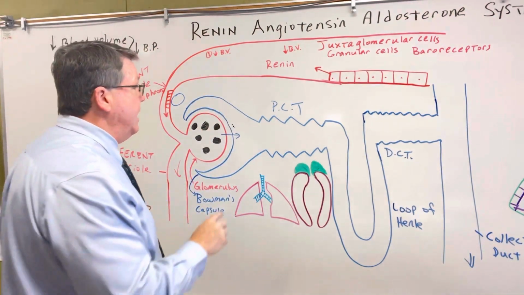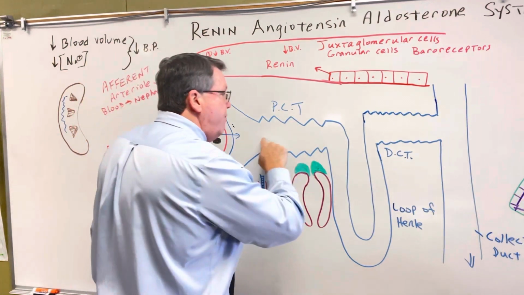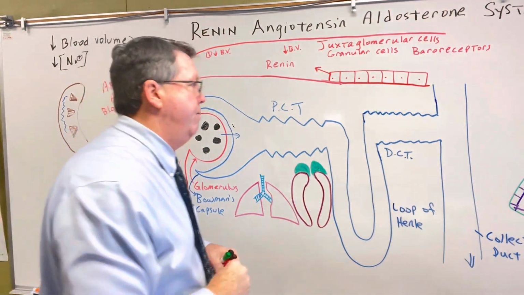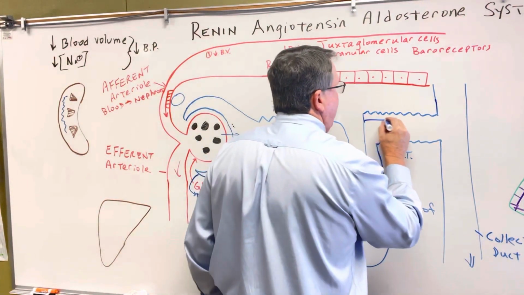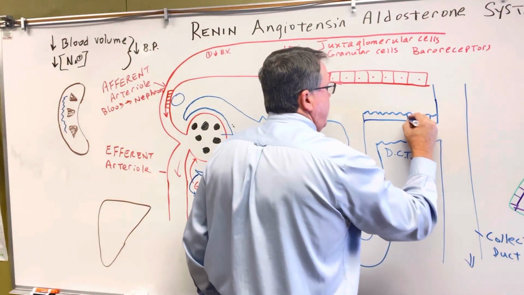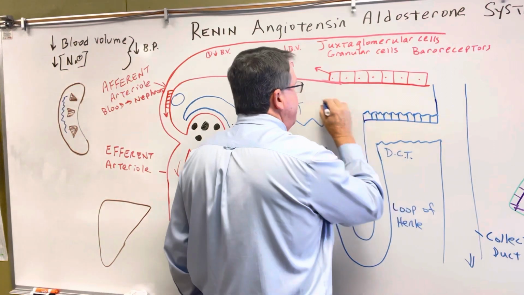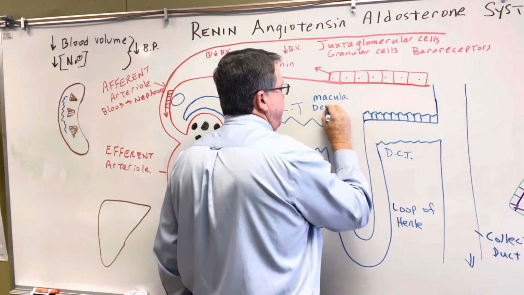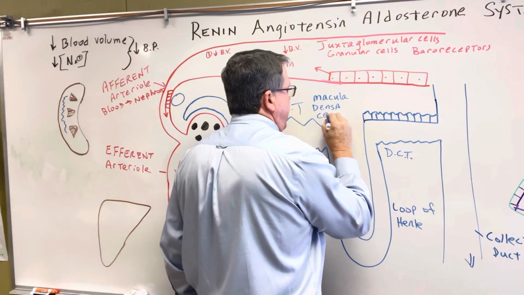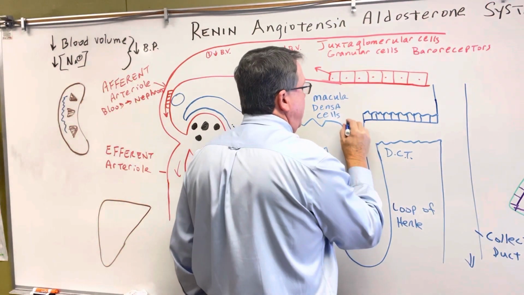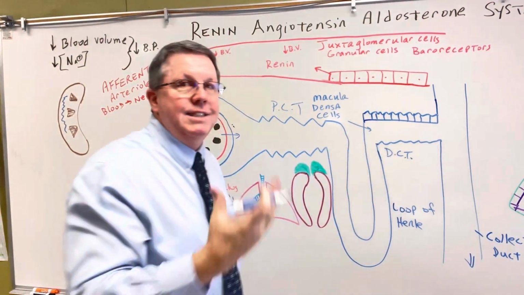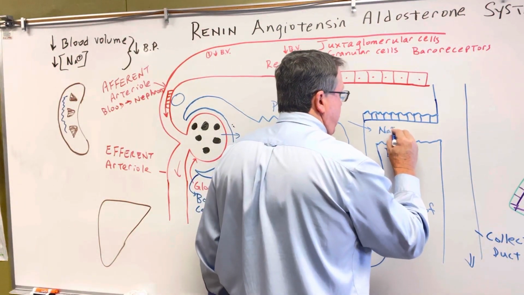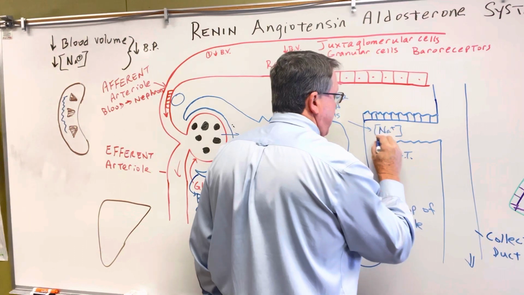The next thing that's going to happen is as filtrate comes through here and gets to the distal convoluted tubule, we have cells that we are going to call macula densa cells. What these cells are going to do is sense the sodium concentration.